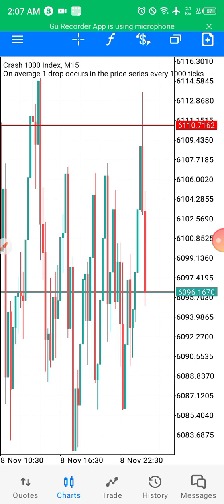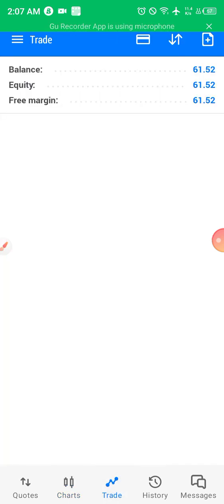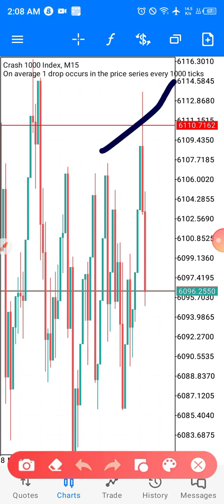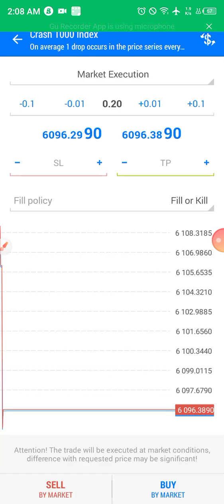So what do I want to do? I want to use a lot size smaller than the actual smallest lot size. So in that respect, what I will do is this. I'm going to place a trade now. So I'm going to just place a trade here, click this point. When I click on it, it brings me here.